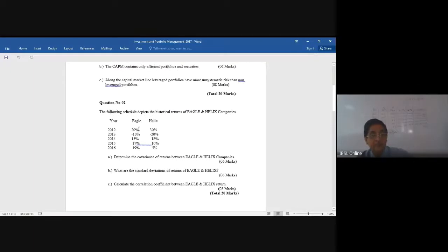Even though the board is not very clear, first of all, you need to calculate the mean value of Eagle and mean value of Helix. Very simple things. Now you see the question paper, no?